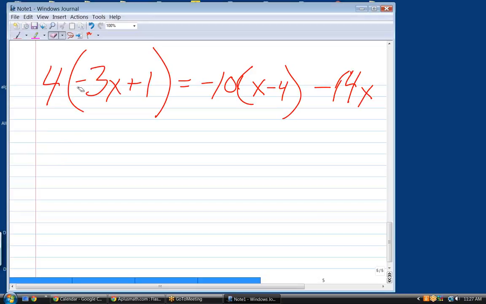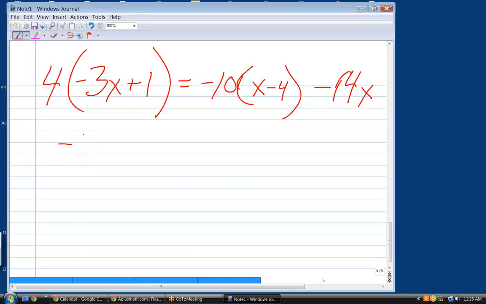You're getting confused by this minus sign. When we say our first goal is to get rid of the parentheses, we do that by multiplying. This 4 is multiplying this expression. So you need to multiply this positive 4 by each of these two terms. What's positive 4 times a minus 3x?